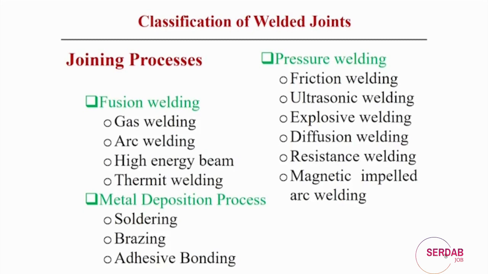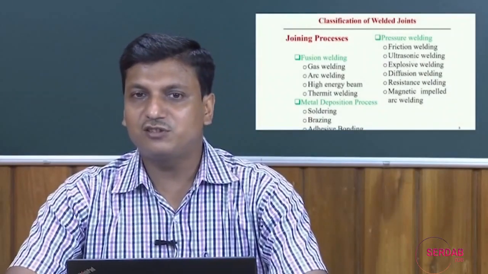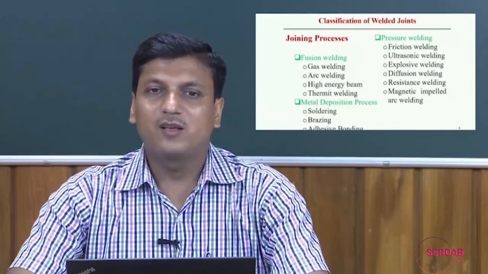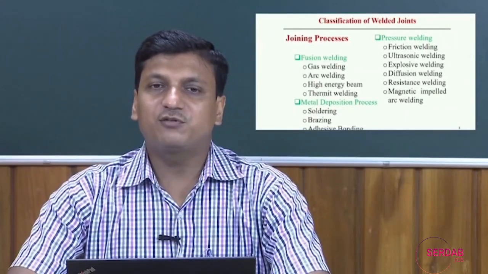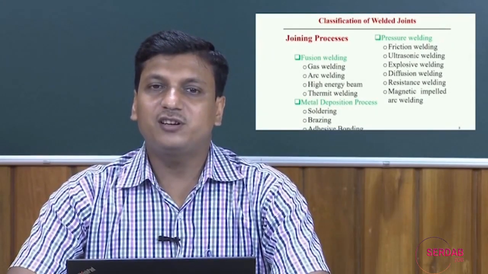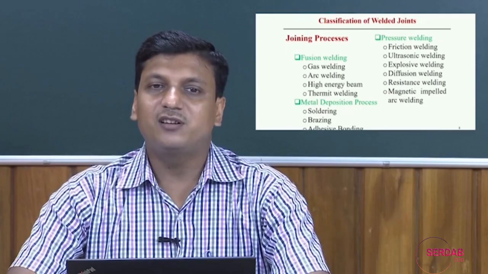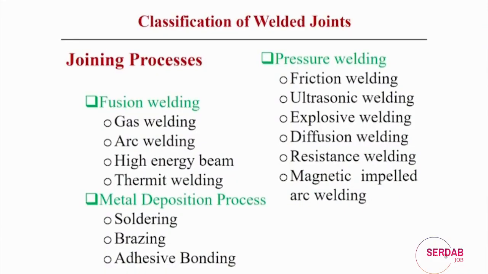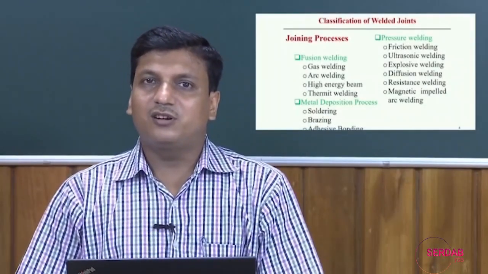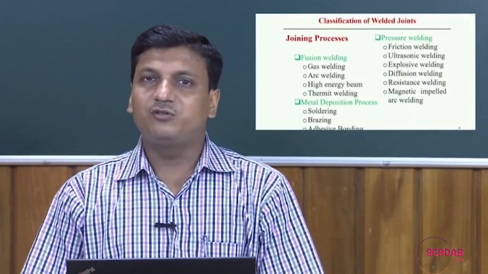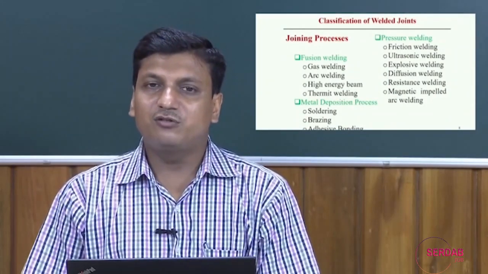Pressure welding is the other category. Here you can see the different welding processes included in pressure welding: friction welding, ultrasonic welding, explosive welding, diffusion welding, resistance welding and magnetic impelled arc welding. Normally pressure welding means the application of a load is required, which tries to create the joint or bonding between the two components.